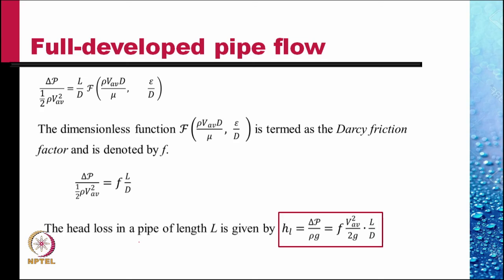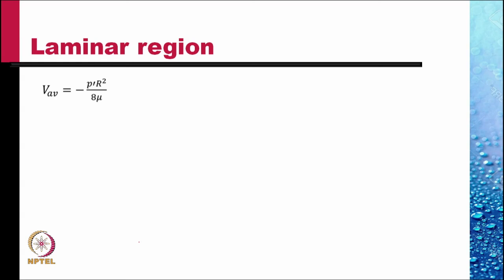Or in terms of the head loss, we can write head loss h_L, which is delta P by rho g, is nothing but f times V average square divided by 2g into L by D. For the laminar flow region, we know V average is minus P prime R square by 8 mu.